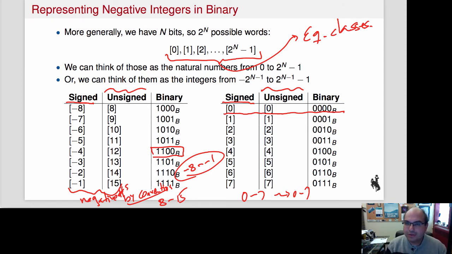From the modular arithmetic perspective, I'm just doing 0 through 15. Those are the numbers that I'm using. But when I print the number, if I see that it has a leading bit of 1, then I want to think of that as a negative number. So instead of printing 12, I'll print the equivalent negative number that's equal to 12 modulo 16, and that's -4.